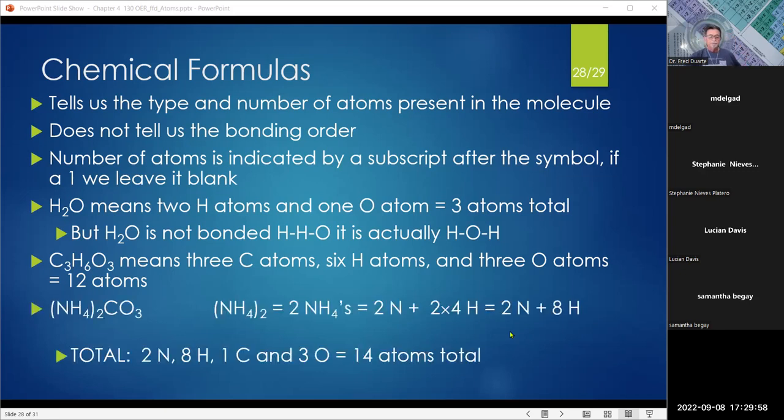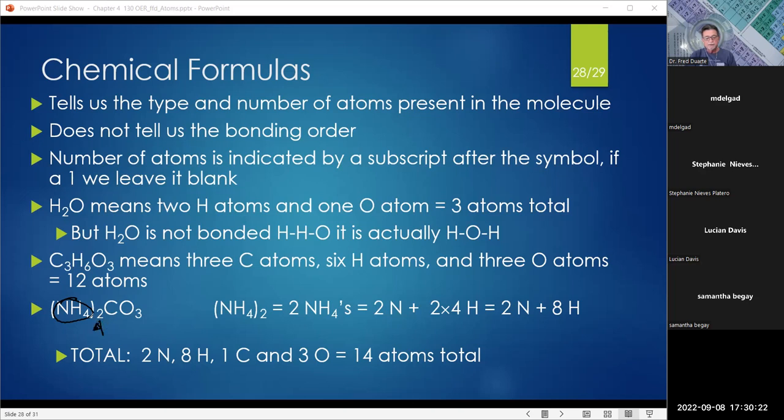Now you see this next one here. I believe it's the last example. We'll call it a day. You see a parentheses. What that tells you is that within that parentheses, there is this unit. We're going to do a lot with these units, which are called polyatomic ions. And in fact, there are 2 of these units around the parentheses.